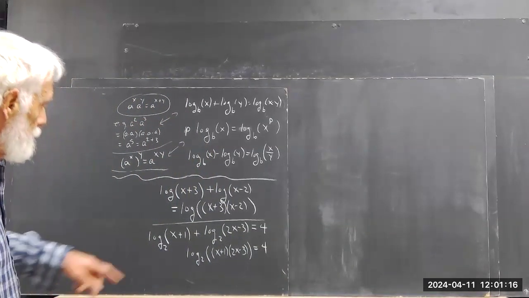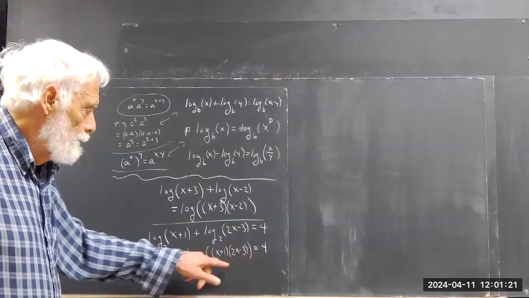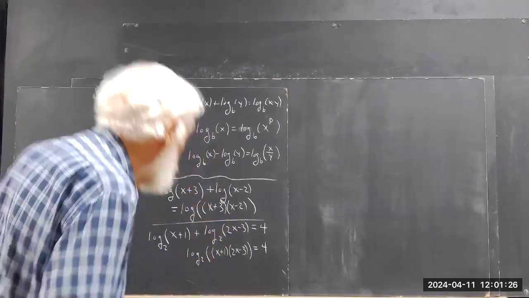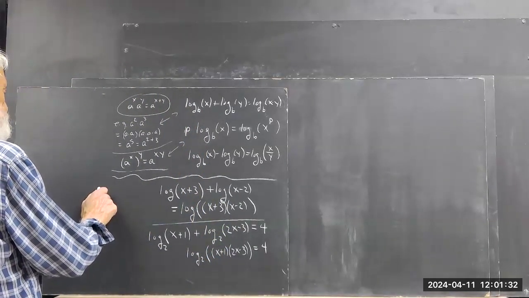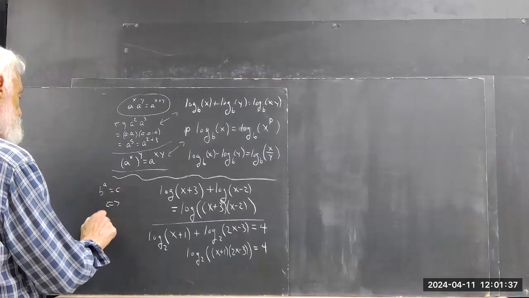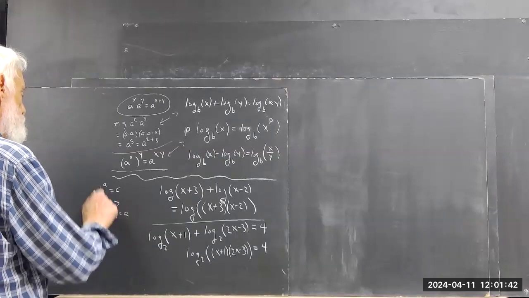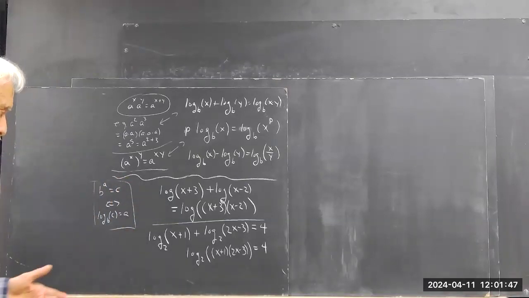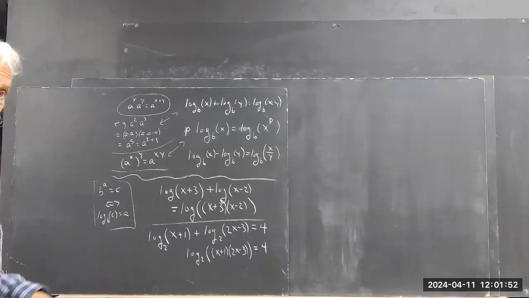Now, can you change this to exponential form? Because we want to solve this for x. Remember, we've got this rule that allows us to convert from log form to exponential form, or from exponential form to log form.